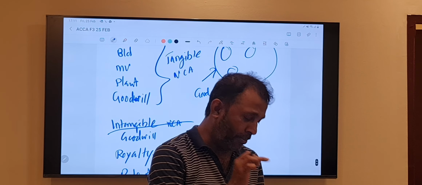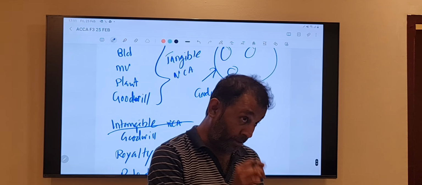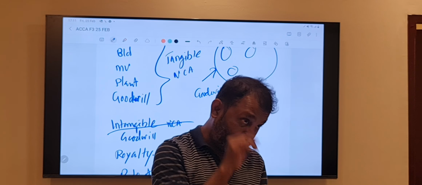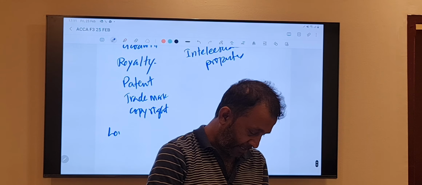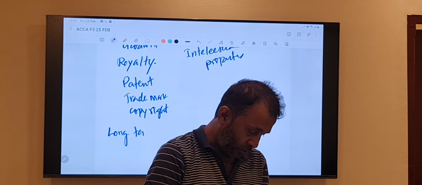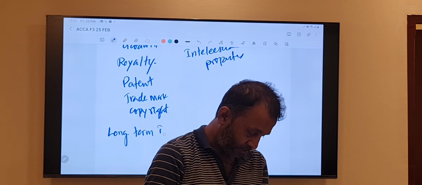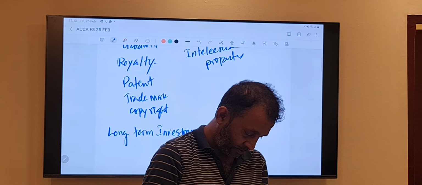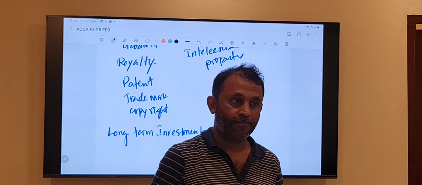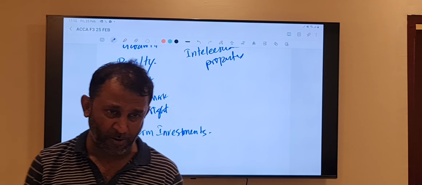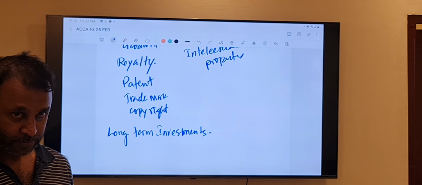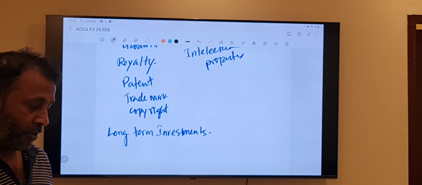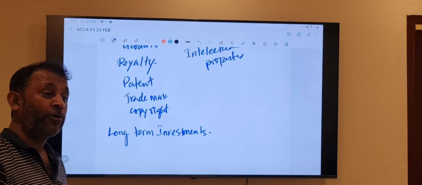So you have tangible non-current assets and intangible non-current assets. One more thing also there, long-term investments. That is also one example of non-current assets. What do you mean by that?